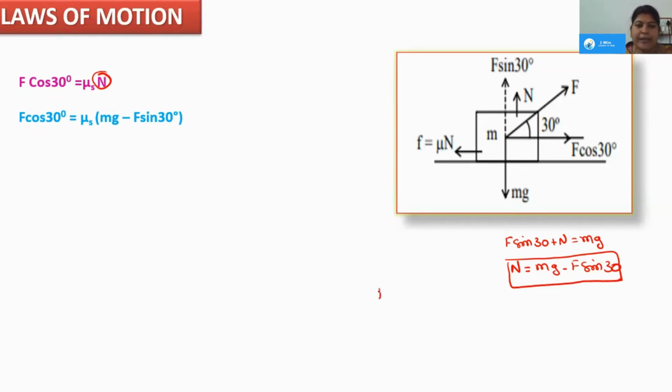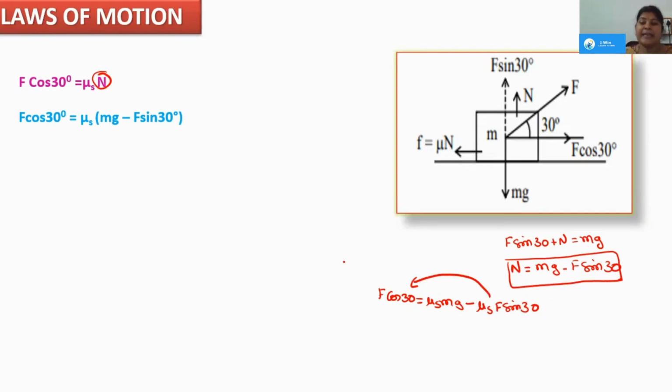Here I am writing F cos 30 equals mu s into mg minus, multiplying mu s inside, mu s F sin 30. Bring this mu s F sin 30 to this side.